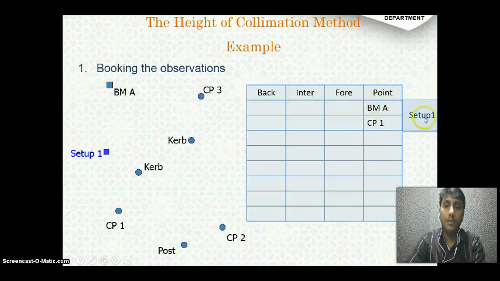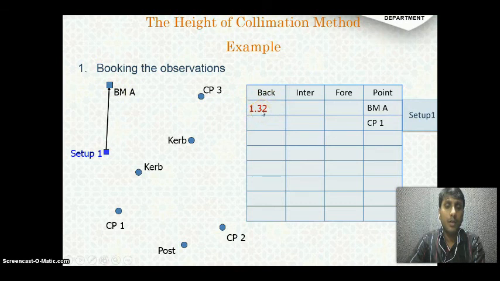So from setup 1, we sighted 2 points, BM A and CP1. Here we'll see where the reading should be written. From setup 1, when sighted to benchmark A, the reading has to be written at backside.